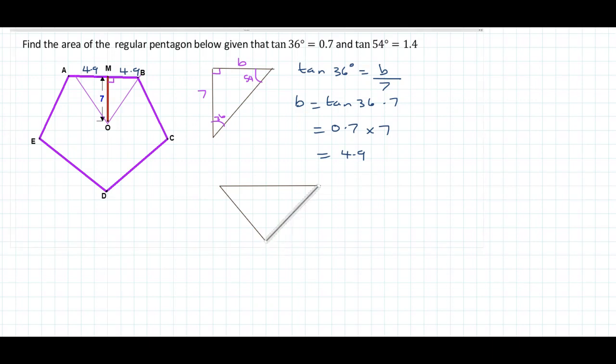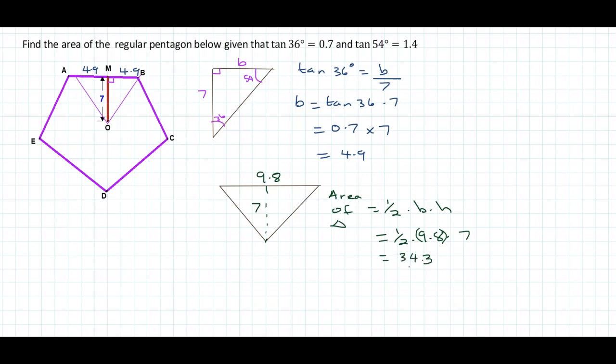Okay, and this is our height right here. This is 7, this is 9.8, and so the area of this triangle is going to be half base times height, which is 1/2 times 9.8 multiplied by 7, which is going to give us 34.3 if you put this in your calculator.